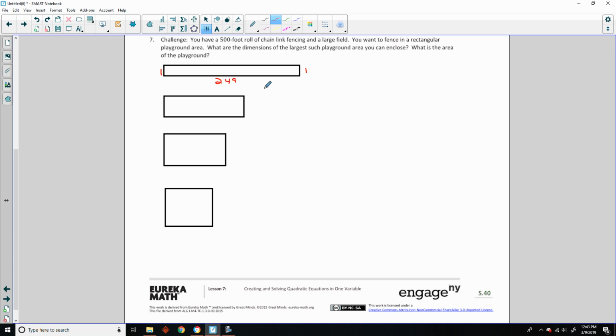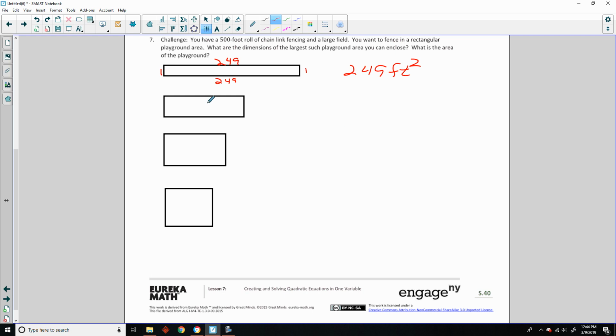So if I put 249 here and 249 here, 249 plus 249 is 498, 499, 500. So this would take 500 feet of chain link fence, but the area is 249 times 1, or 249 square feet.